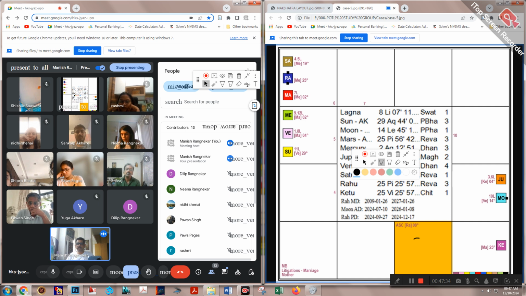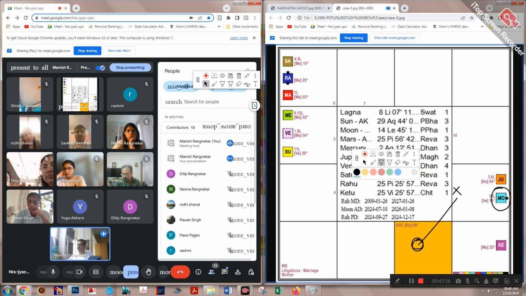So now, in this fellow's case, is this the Badhak house? Correct? Because it is a Chara Rashi, and the 11th from there is this. Moon is seated here. Moon is the Karak of what? Mother. Correct. Mother. Barabar? It is also the 10th Lord. 10th is what? Career. Correct?